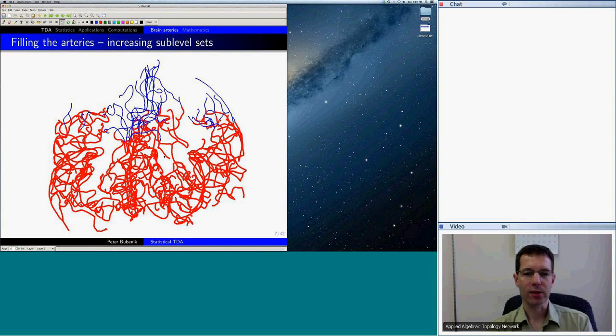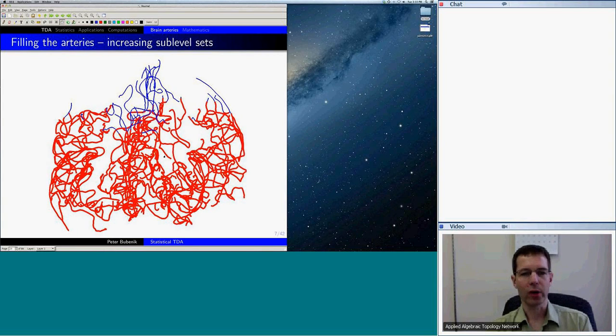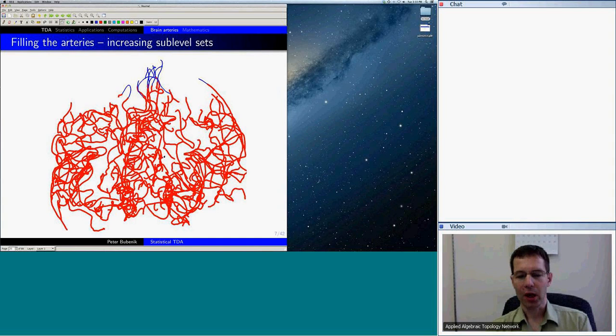So we have these births and deaths of components, and persistent homology keeps all of these and organizes them in a finite set of birth-death pairs that completely captures all of the persistence module.